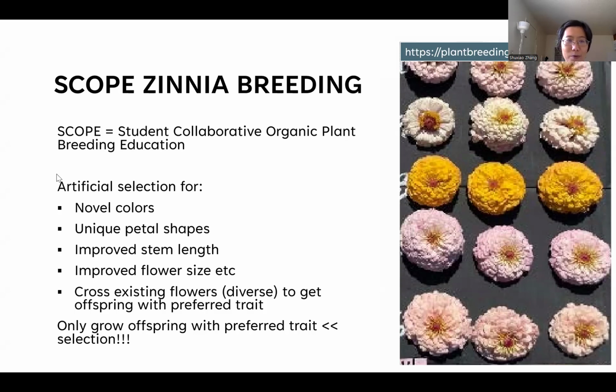And in this case, people are selecting for new colors, new and unique petal shapes, better stem size and flower size to make cut flowers, right, in a nice bouquet. And what the students are doing is crossing existing flowers, which is where you have the variation in genetics, to try to get offspring with preferred traits. And then they have all the resulting flowers line up and they select for the ones they want, and those are the only seeds that they keep. So this is how you select for it.